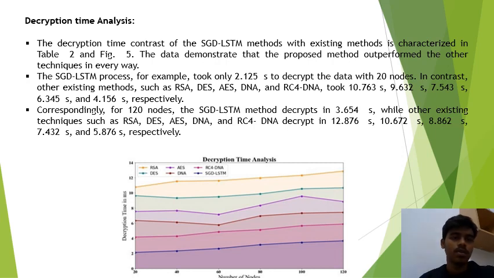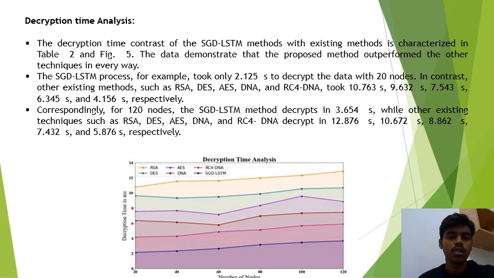Now we will discuss the decryption time analysis. The decryption time comparison of the SGD LSTM method with existing methods is presented in Table 2. Figure 5 demonstrates that the proposed method outperformed the other techniques in every way.